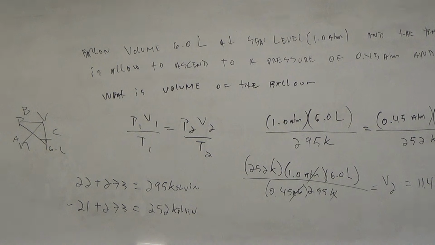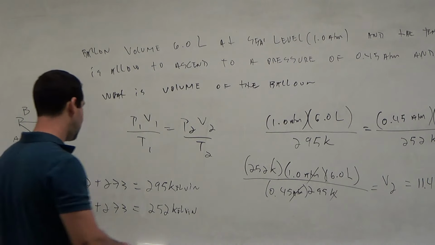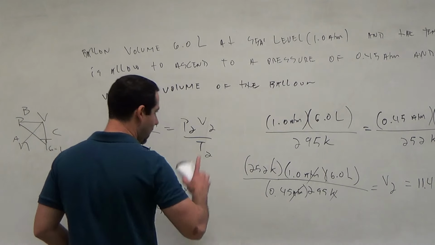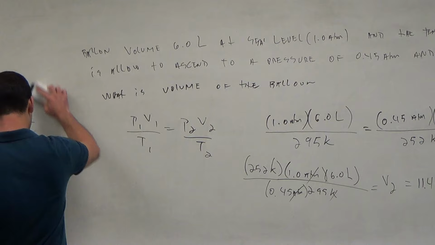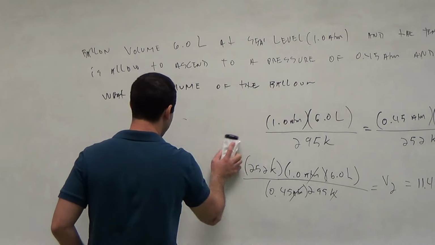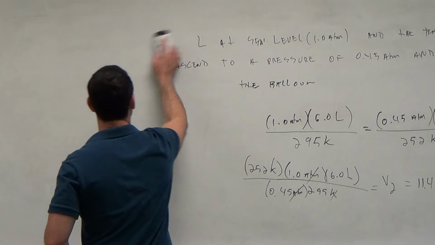Okay, don't worry. Let's talk about something called STP, standard temperature and pressure. I'm done with the laws. There are some that I didn't do, but you can do them. Don't tell me you didn't do a problem like this in class.